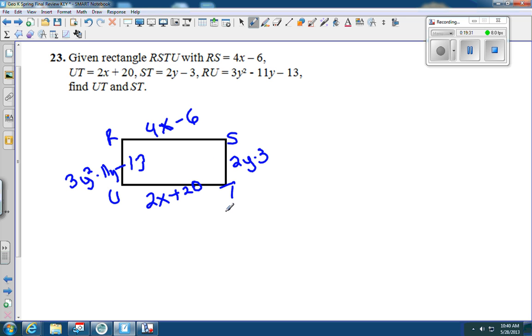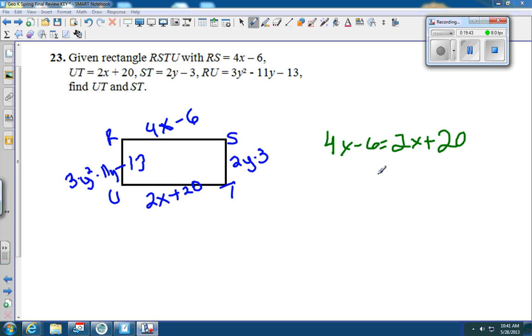So I can say 4x minus 6 equals 2x plus 20. Subtract 2x from both sides, and I get 2x, and then add 6 to both sides, and I get 2x equals 26.